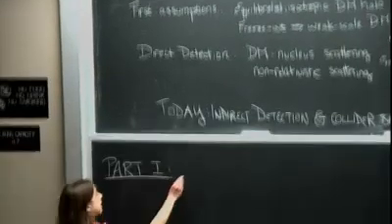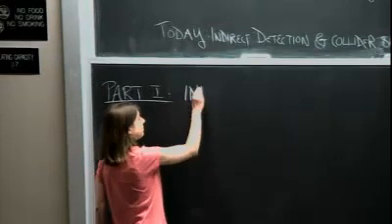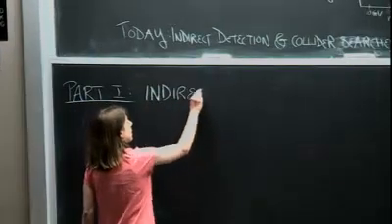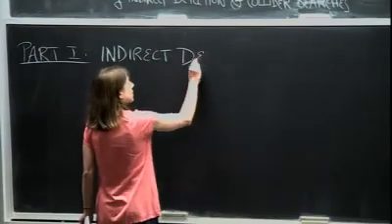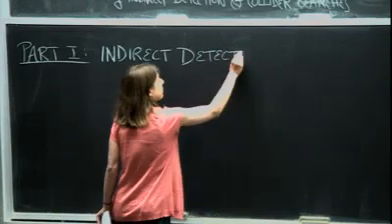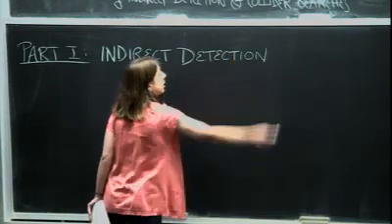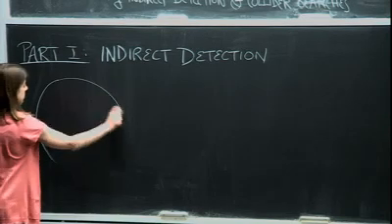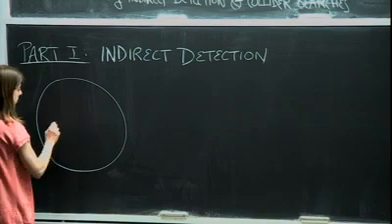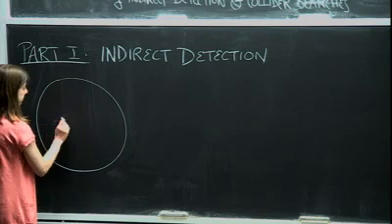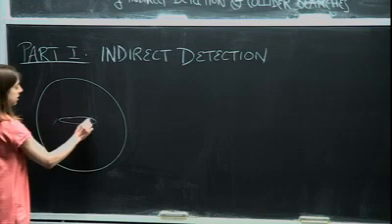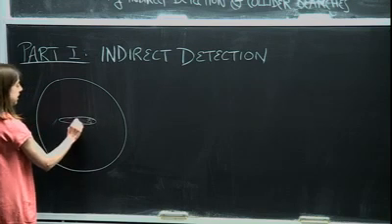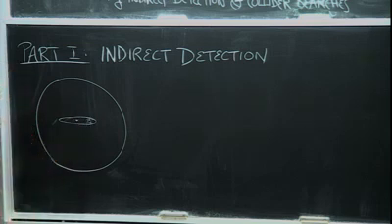All right, so part one today is indirect detection. What this class of experiments is looking for are interactions of the dark matter in the Milky Way halo. So here's our halo. Here's the disk. Here's the sun, and the galactic center is there.